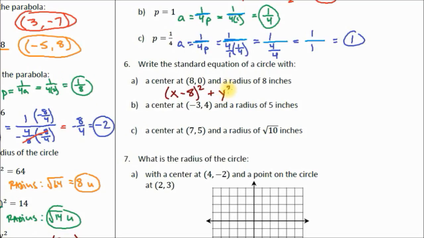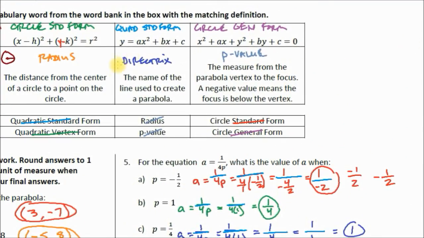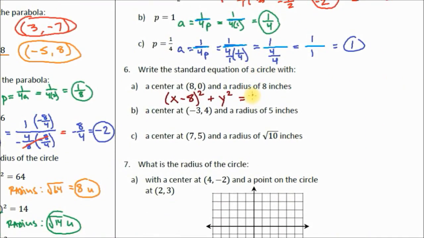We can just write y squared equal to, well, if you look at our vocabulary, the value in a standard form for a circle is r squared. If we know the radius is 8, that means this is going to be 8 squared or 64.